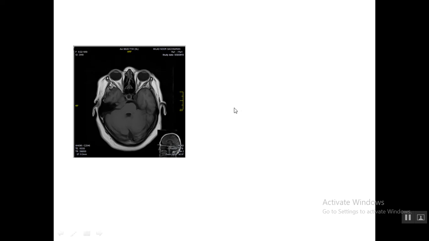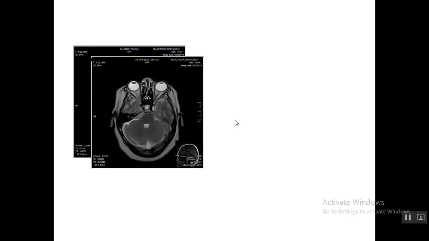Yes, and the other image is a T2 axial image. As you know, one of the differences between T1 and T2 MR images is the signal intensity of the CSF or other fluids in the body or in that part of the image.